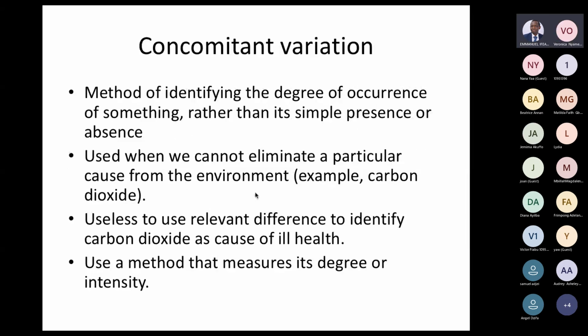Then concomitant variation is when you are checking to see whether something that is always in the environment has increased to an intensity that is causing problems, or increased or decreased. When there is something that is always a part of the environment, but it can cause problems if the intensity is too much or too small. That's concomitant variation.